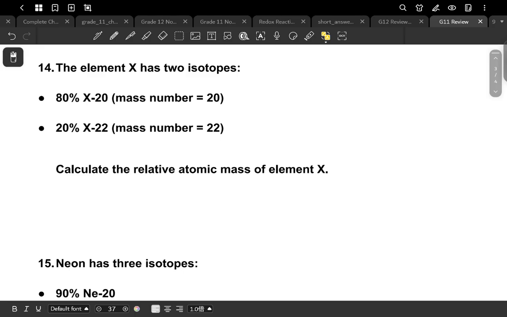Okay, so the element X has two isotopes, 80% X-20 and 20% X-22.